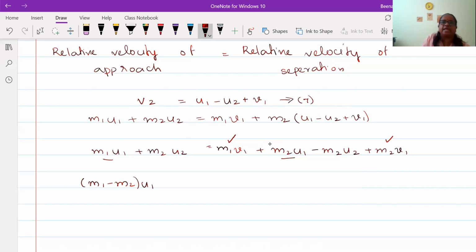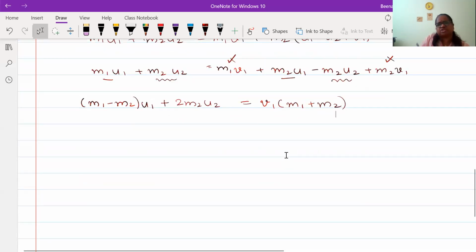Now I'm going to take this and this term together, so that will become plus 2M2U2, is equal to, now the terms of V1, the ticked ones, that I can write as V1 into M1 plus M2. That's it. Now just solve for V1.